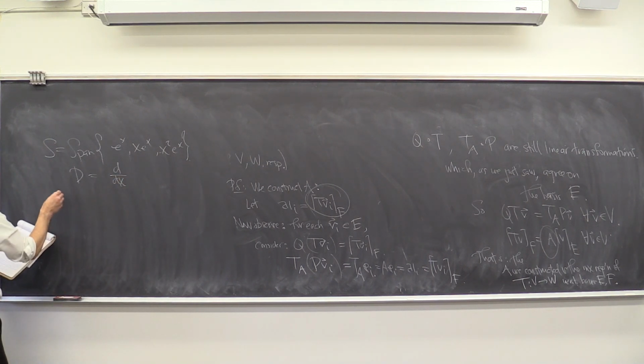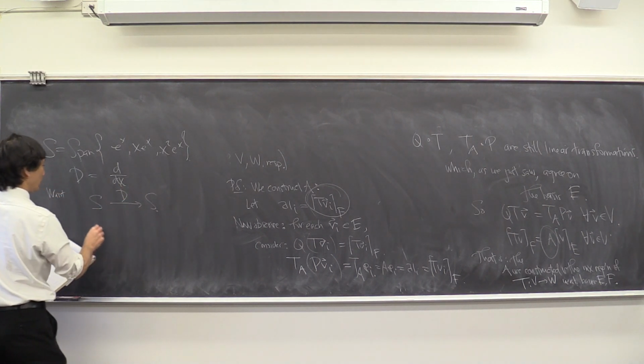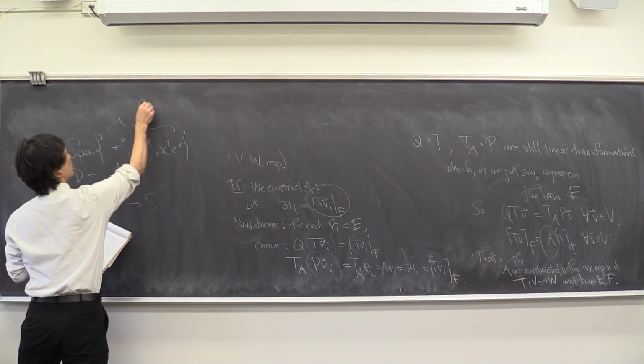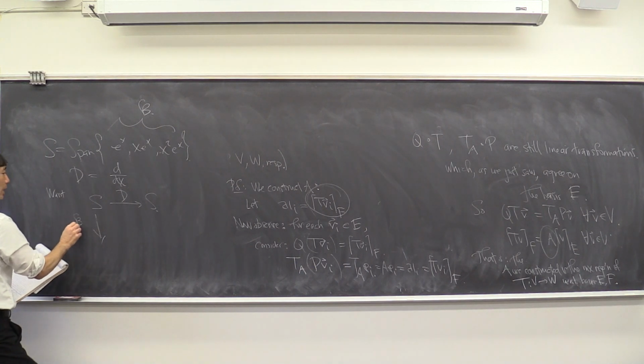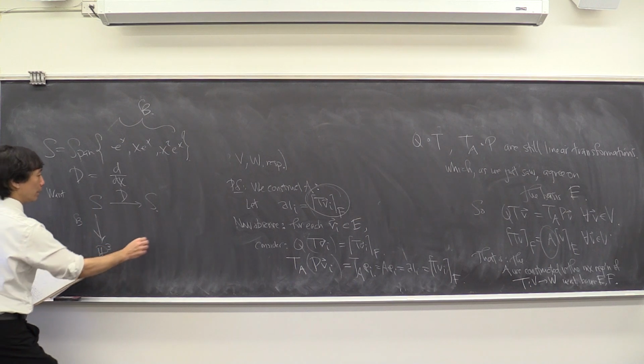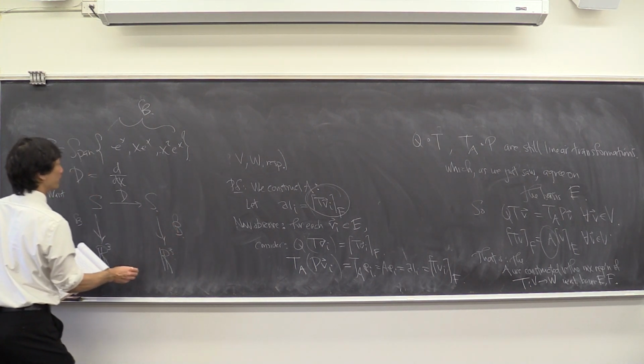And we want the matrix. So D goes from S to S, and then we can use the basis, let's call it B, to get a coordinate map to R3, and we also use it on the other side to get the coordinate map to R3.